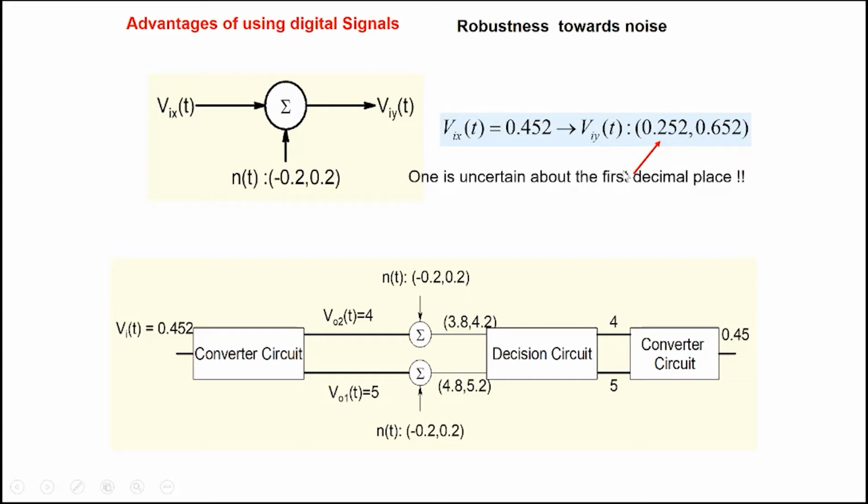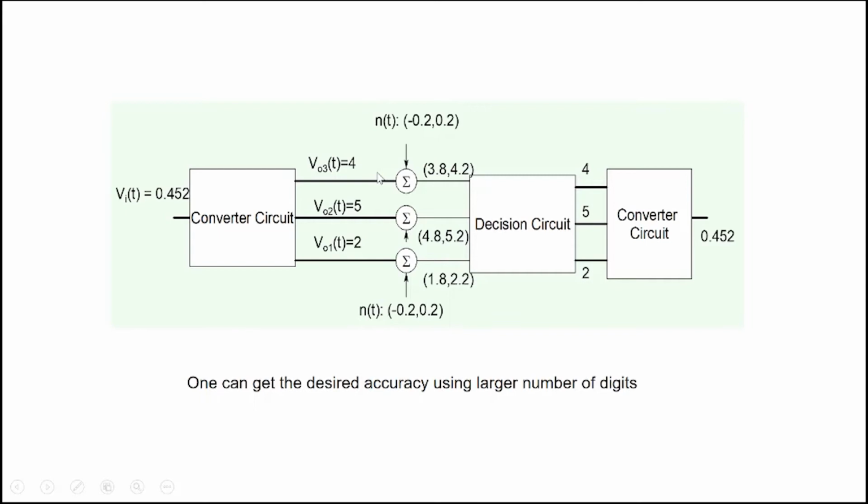Here, when we add noise, we are uncertain even about the first decimal place. So at least, yes, we lost the third decimal place, but we recovered 2 digits properly. So this method is more accurate as compared to simply working with an analog number, especially when there is significant noise.